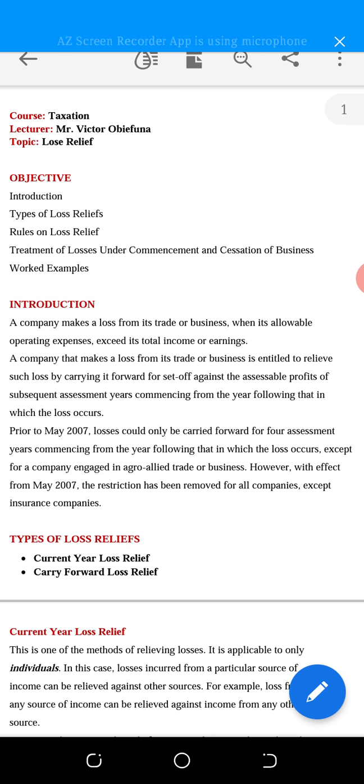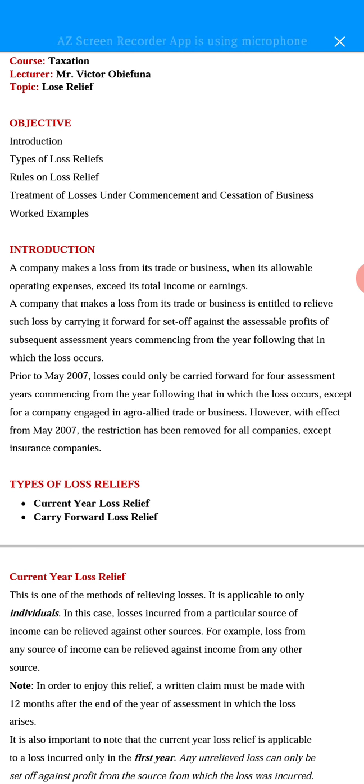Prior to May 2007, losses could only be carried forward for 4 assessment years commencing from the year following that in which the loss occurs, except for a company involved in agro-allied trade or business. However, from May 2007, the restriction has been removed for all companies except insurance companies.